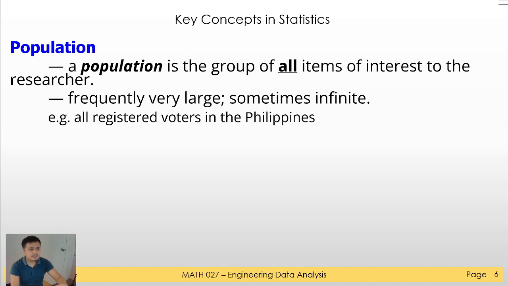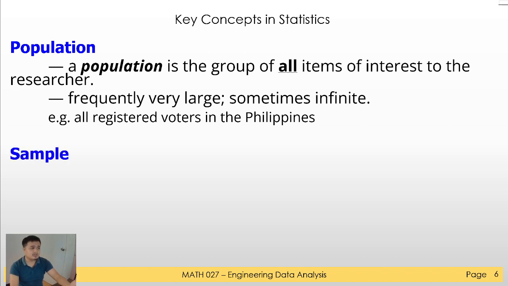So it is usually a large amount, and sometimes infinite, or in other words, to make things simple, it is not countable. So one example of that is the registered voters in the Philippines. It is countable since we have data of this, and this is an example of a population.